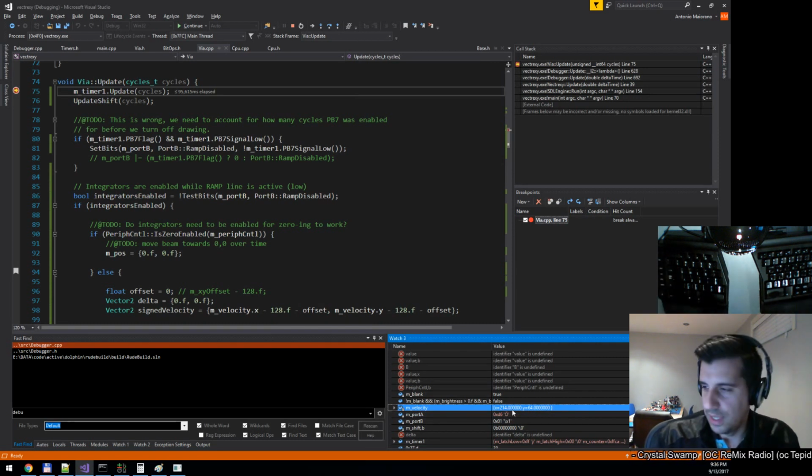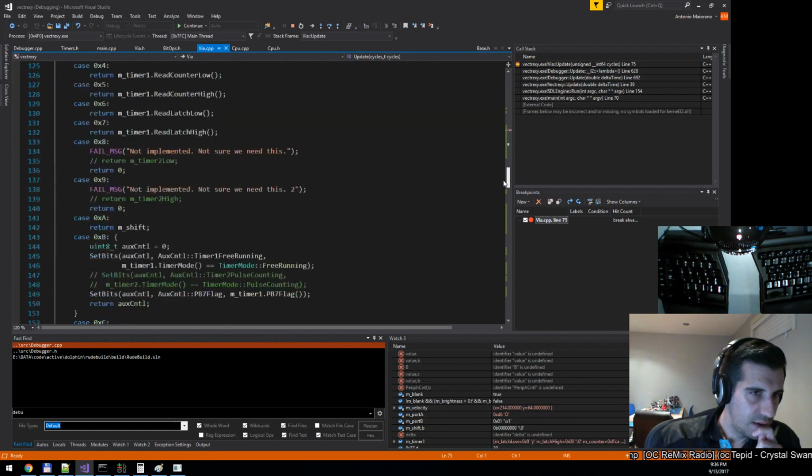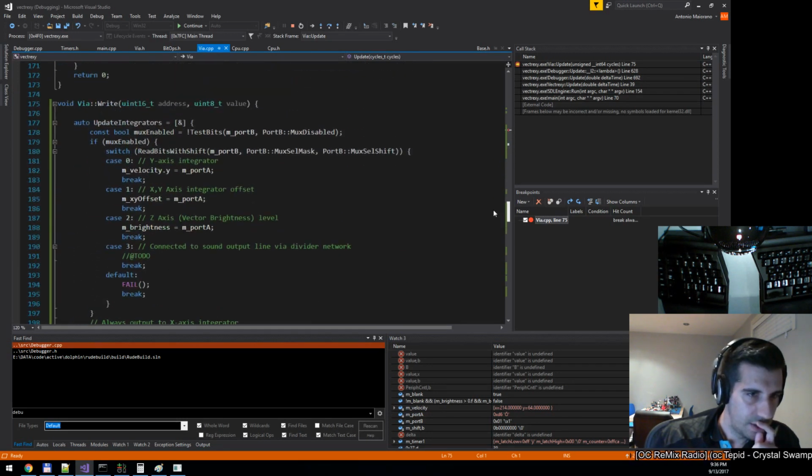Okay, that's really interesting. Yeah, because I'm storing the value directly into a float. But what I need to do is shift it into the negative 128 to 127 range. Aha. See right there? We found a problem.